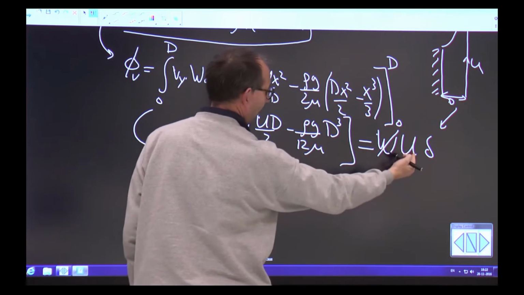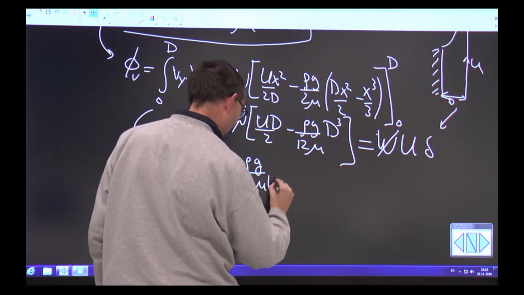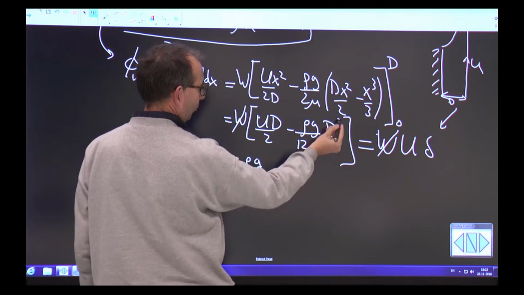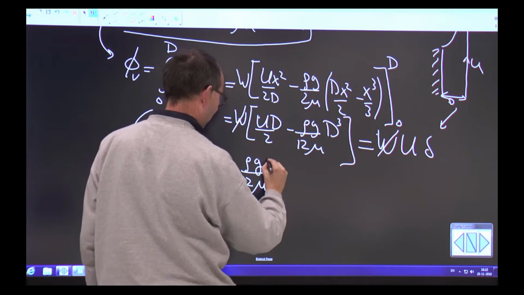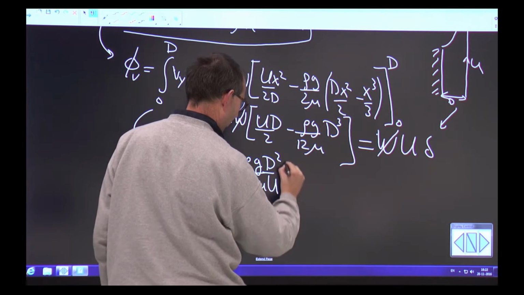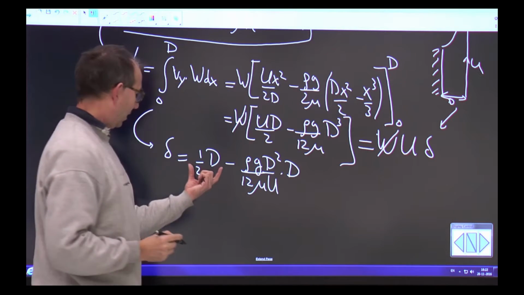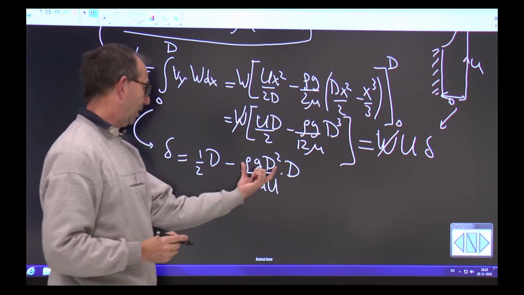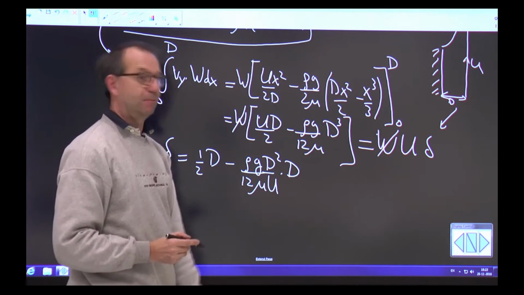I need to divide by u, so another u slips in here. Then I use from that d cubed, d squared here, and multiply it by still d. So I get a half d, of the width, minus a parameter times d.